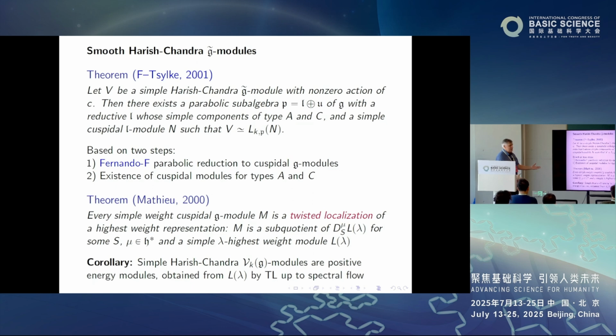The physicists also add a spectral flow. It means you can change the Borel subalgebra, but if we use subquotients, that can be replaced. Essentially, spectral flow means you consider L lambda not just for a fixed Borel subalgebra, but for all possible choices of Borel subalgebras.